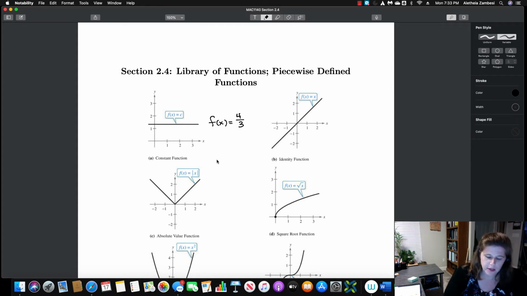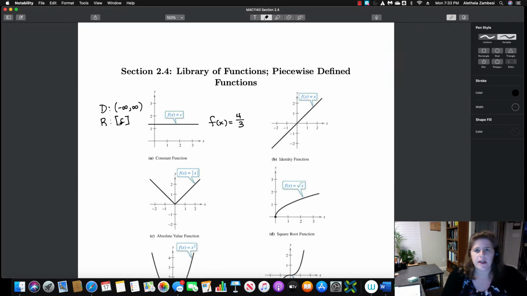Now, if we are talking about domain and range, this has a domain of all real numbers. So it goes from negative infinity to infinity. The range is only that one value of y. So it only gets the value of c, and it is that point c. For this one, it would be that 4/3.